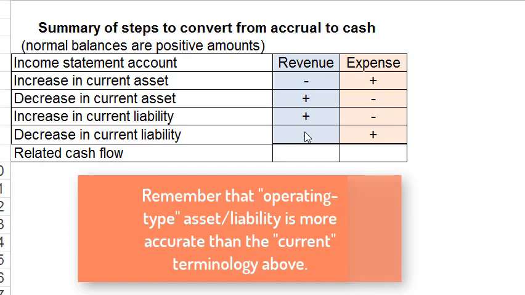So I won't have you prepare an entire operating section of a statement of cash flows, but I think you ought to be able to develop and utilize this skill. So we'll take some of the income statement numbers from the sample daycare income statement and convert them to their cash flows, and you'll see that the cash flows that we come up with using this tool are the same cash flow numbers that you already saw on the statement of cash flows when we prepared it by actually going through transaction by transaction and labeling those cash flows.